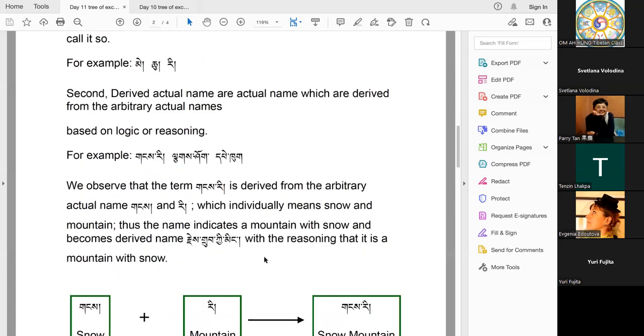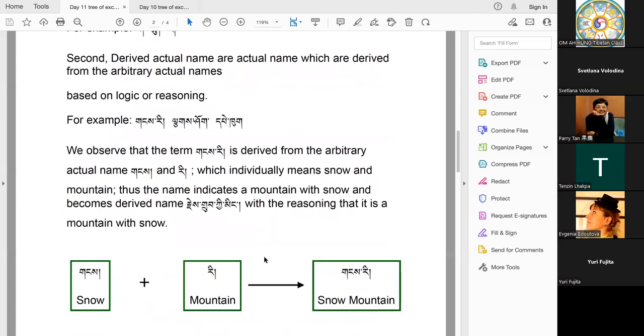Okay, so first one. We observe that the term Kangri is derived from the arbitrary actual names Kang and Ri, which individually mean snow and mountain. So Kang means snow and Ri means mountain. Thus, when we combine them, it indicates the meaning snow mountain.